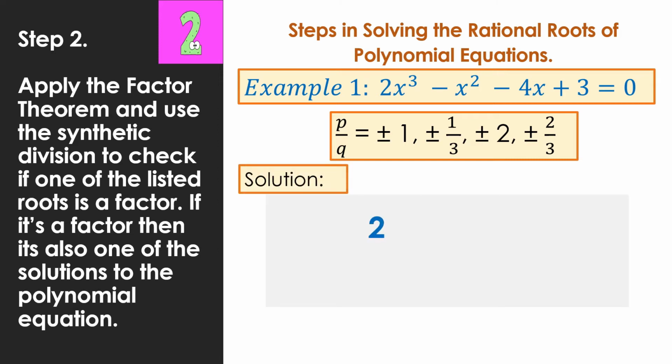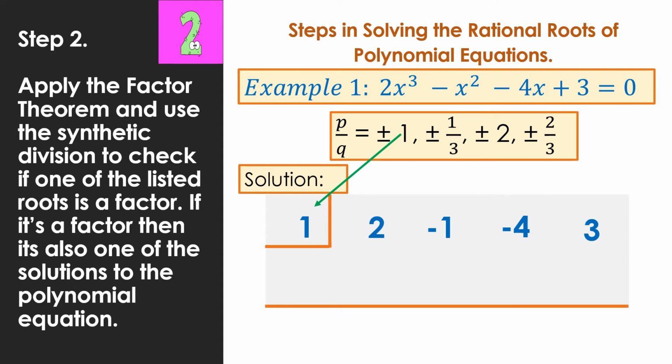Solution: we will use synthetic division. So, write down all the given numerical coefficients. The numerical coefficient of x cubed is 2, of x squared is negative 1, of x is negative 4, and 3 is the constant term. And then, the divisor will be one of the roots. We will use first positive 1.